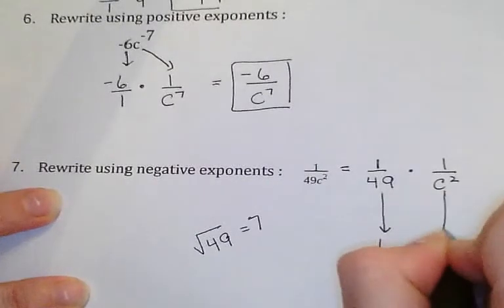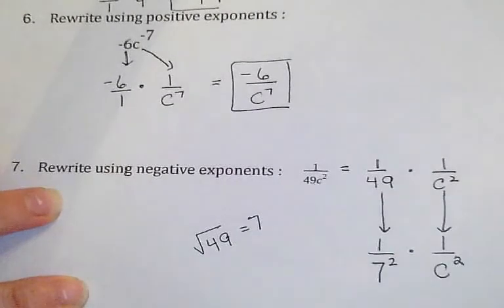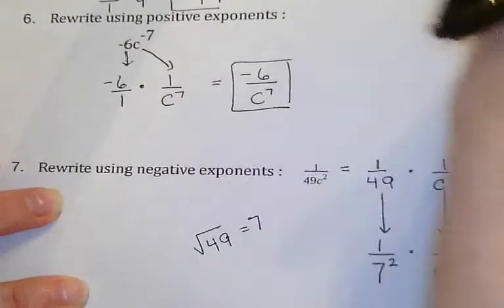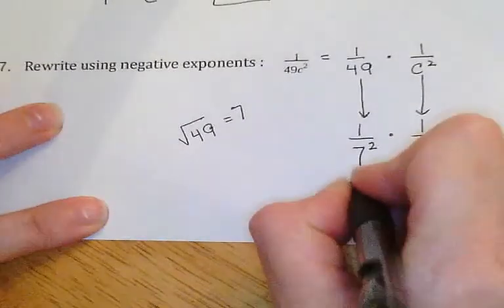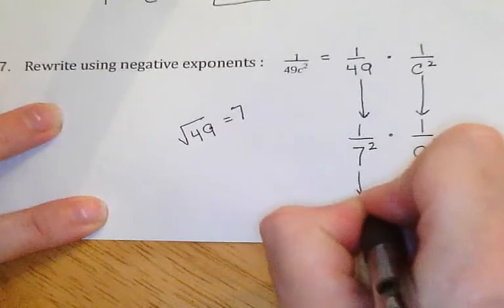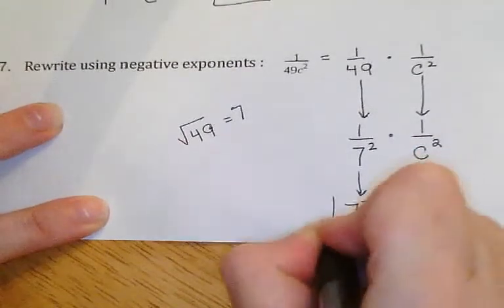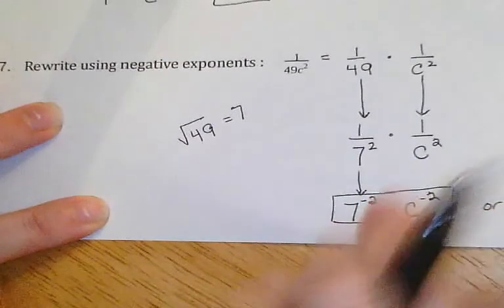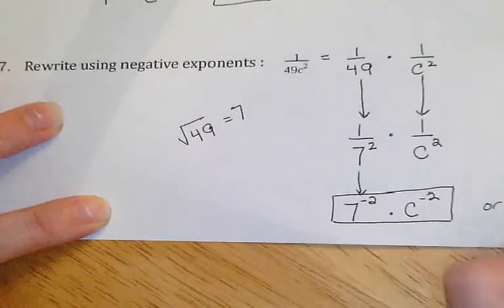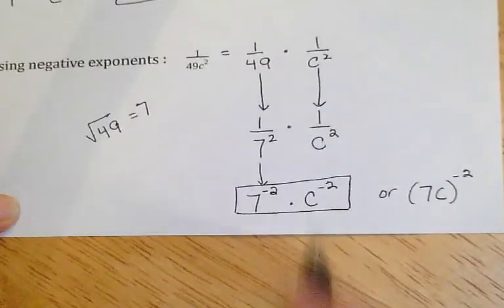I'll just bring this down. How do you rewrite it? 1 over 7 squared times c to the negative 2. So this answer is correct. Or you could even, since they both have the same power, write 7c and put them both to the negative 2 like that. Either one of these would be okay.